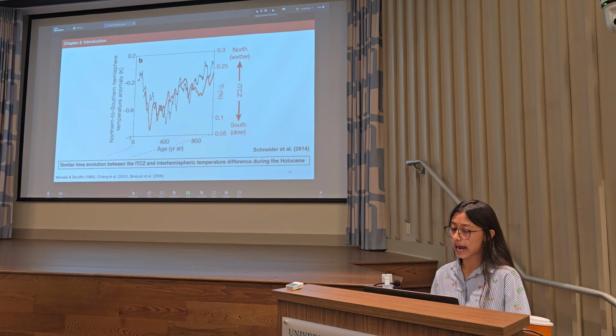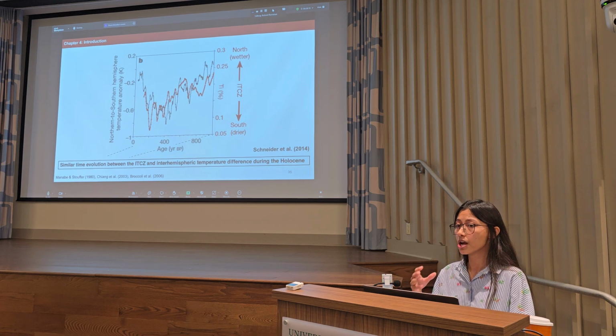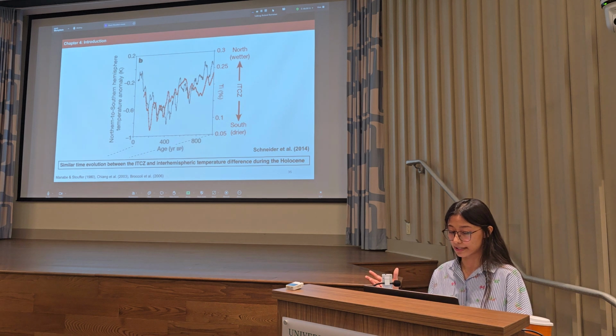And we see that there has been a fluctuation in the ITCZ location over the Holocene period for the past 1,000 years. And if you notice, this fluctuation in the ITCZ is also related to the interhemispheric temperature difference. That is the temperature difference between the northern hemisphere and the southern hemisphere, represented by the black lines.